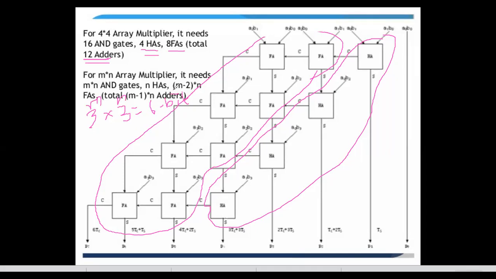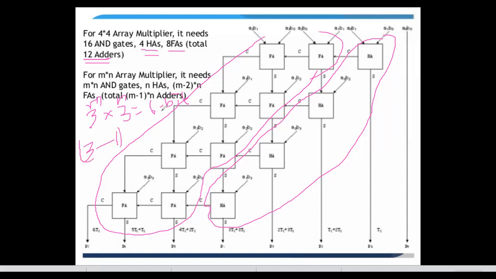How many half adders are required? n into m minus 2. M is 3, 3 minus 2 is 1, 1 into 3, so 3 half adders are required. Next, total adders are 3 minus 1, 2 into 3.